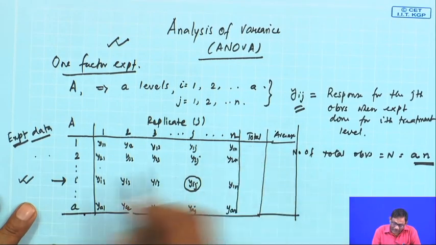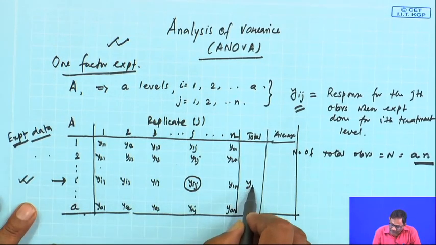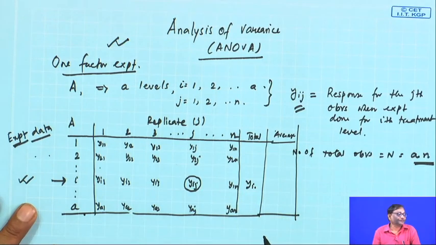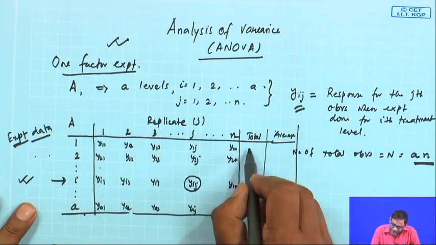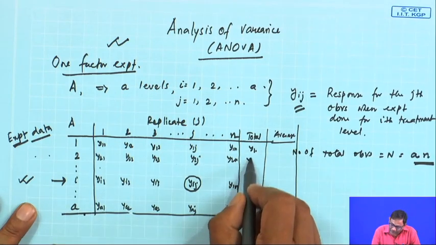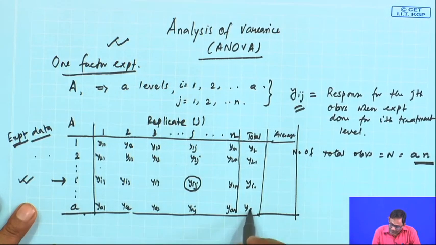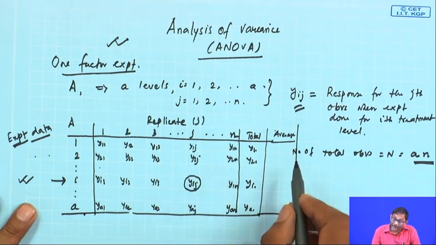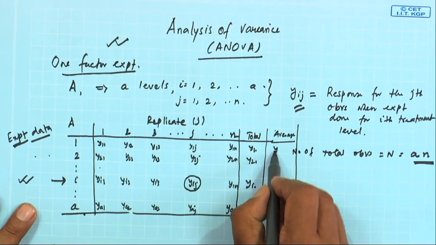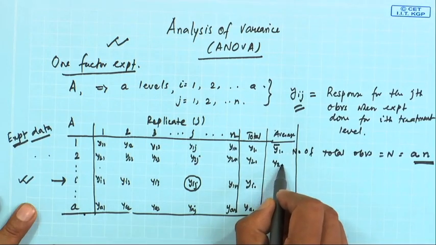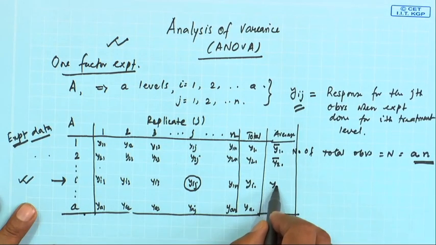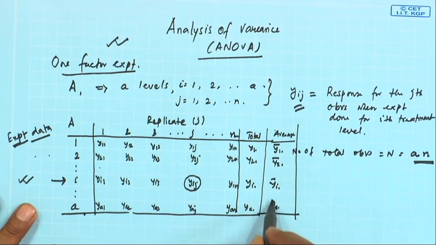By total I mean, suppose the ith total, you can write yi dot. Then the first row total is y1 dot, y2 dot, and here ya dot. If you want the average, then you write y1 dot average, y2 dot average, yi dot average, ya dot average.